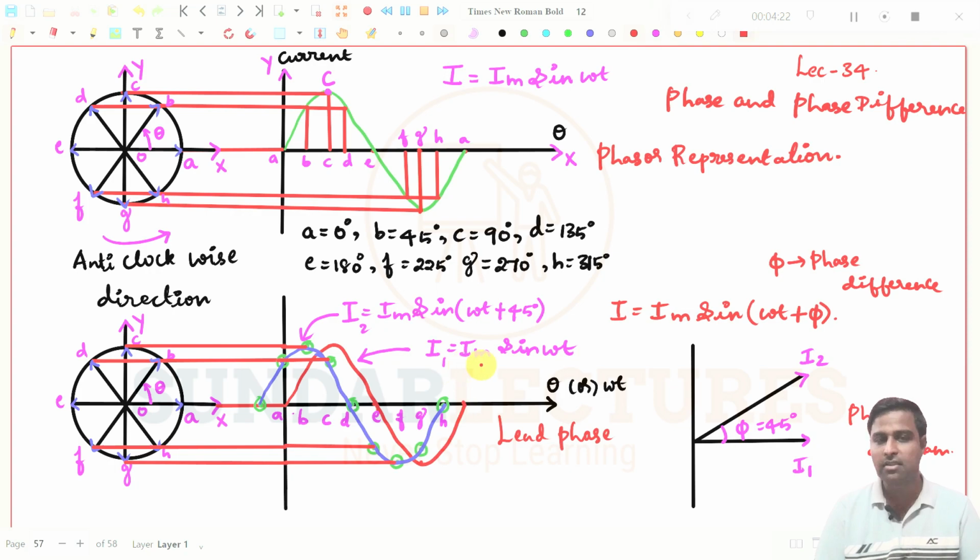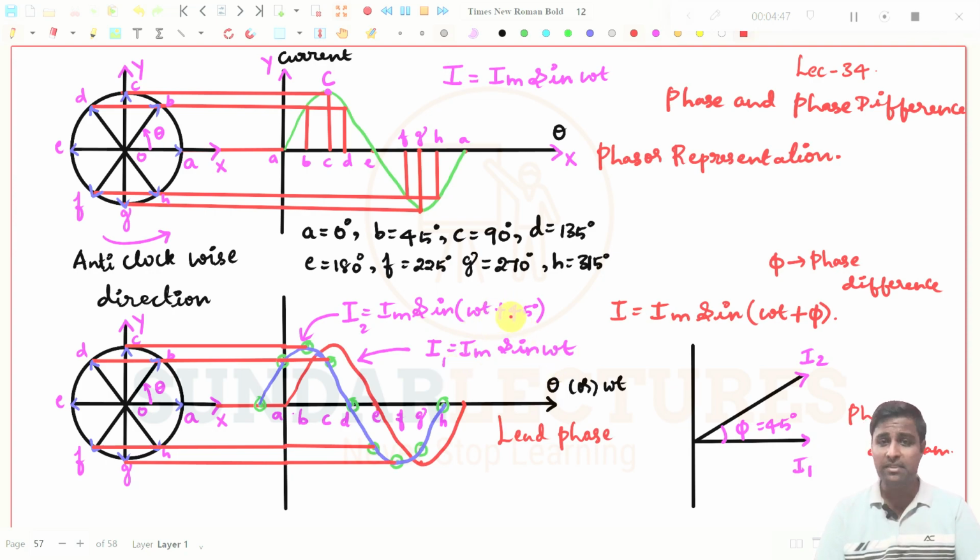This is nothing but Im sin omega t. If the other expression is like this, this is plus phi. Instead of phi, I have taken 45 degree here. So I2 is equal to Im sin omega t plus 45 degree, which means this phasor leads the reference by 45 degree.